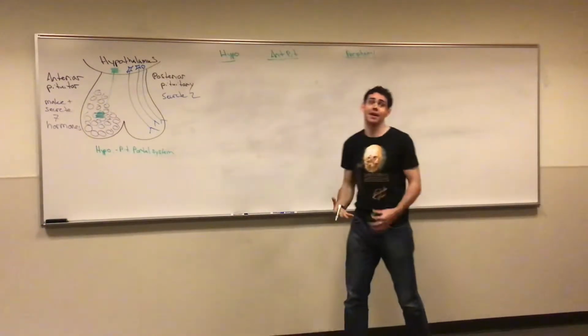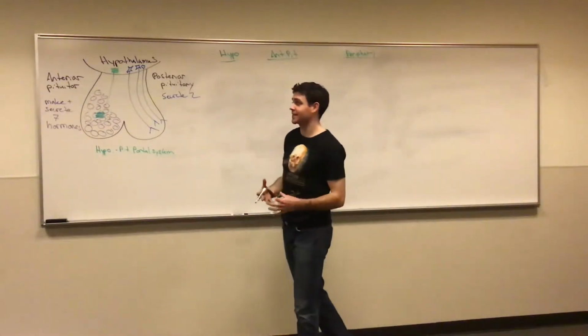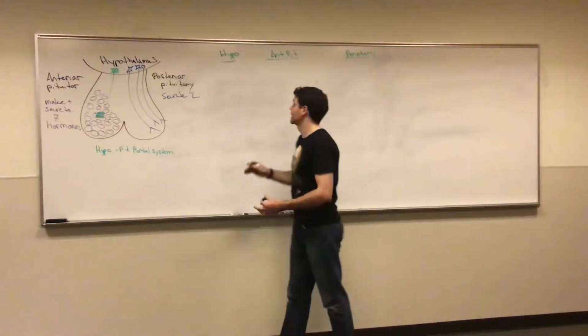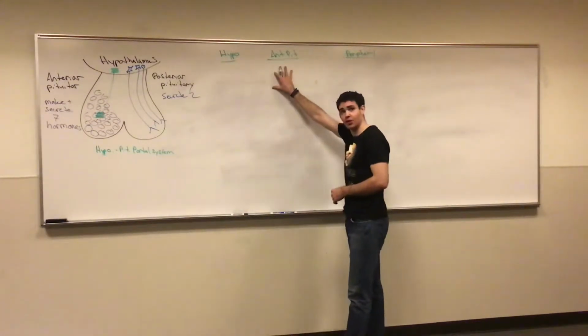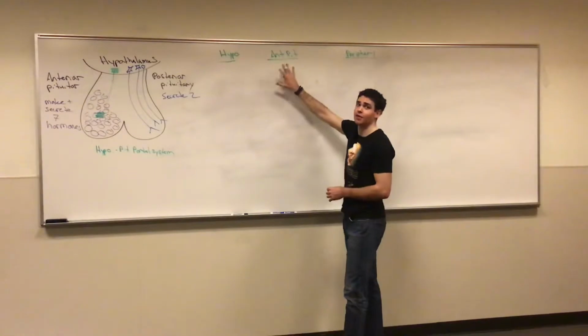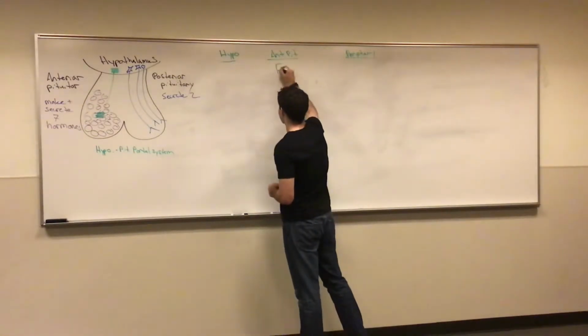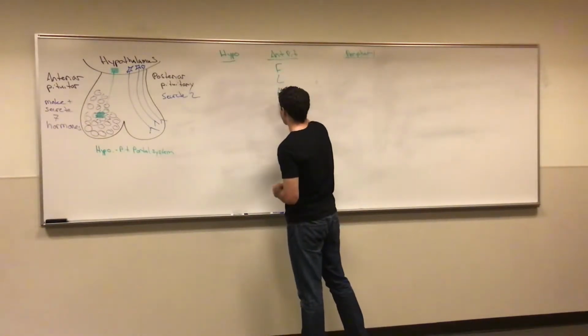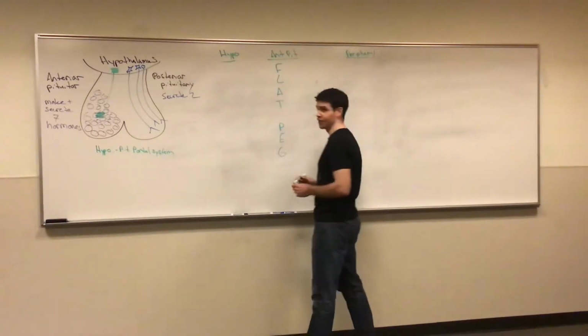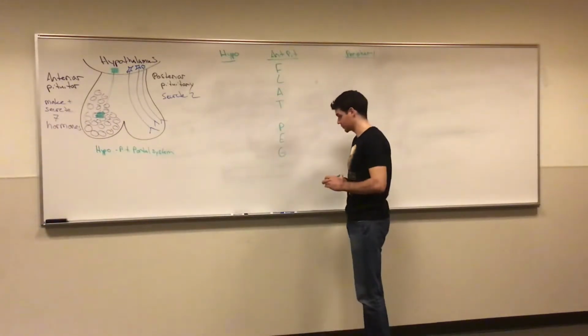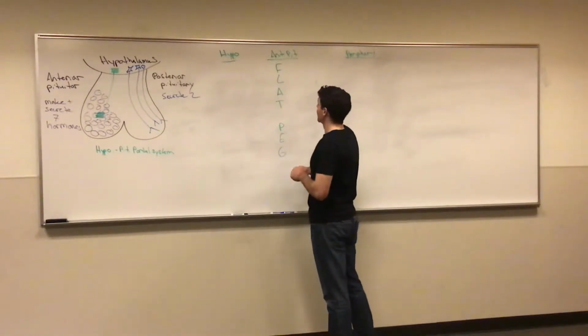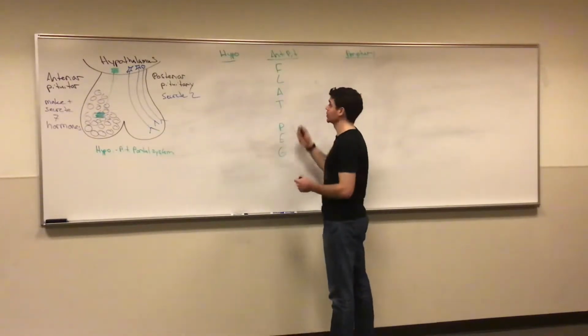So we love mnemonics in biology, mnemonic devices to help us remember stuff. And to help us remember the anterior pituitary hormones, we have a great mnemonic called FLATPEG. So that's F-L-A-T-P-E-G. FLATPEG. So I'm not going to write out the names of the hormones. You're just going to have to bear with me.